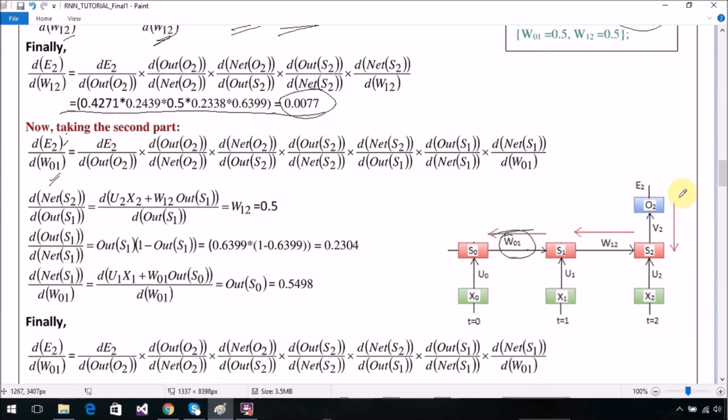It will again follow the same type of back propagation path and the same type of relations from out to net: out O2, net O2, and again it will follow the rule, this is the out part, this is the net part. This will again follow the same rule. This is the out part, this is the net part of S1.